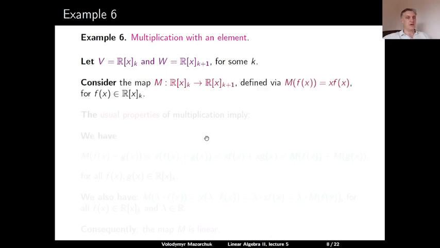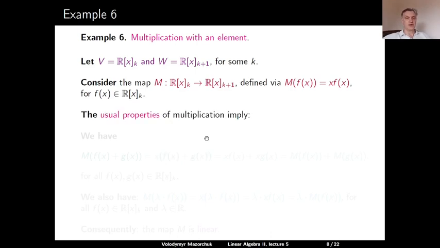Consider the map M from R[x] sub k to R[x] sub k plus 1 defined in the following way. M applied to the polynomial f of x is equal to x times f of x. So we take f of x and we multiply it with x. And this is true for any f from R[x] sub k.